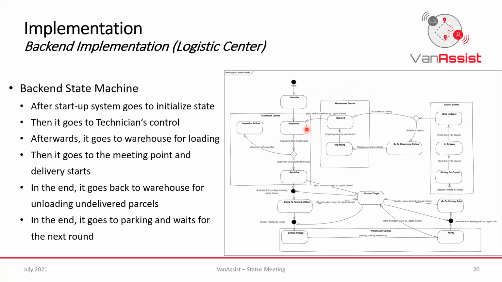And if there is a problem with the van, it goes to the inspection failure state, and if not, it goes to the available state. When it goes to available state, it means that it's available for being packed.